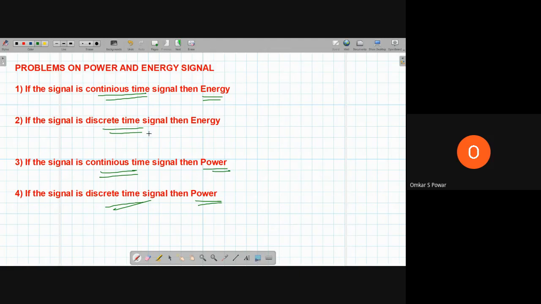The first one, if the signal is continuous, with respect to t, then the energy of the signal is given by E is equal to the integral from minus infinity to infinity of mod x of t, the whole square, dt.